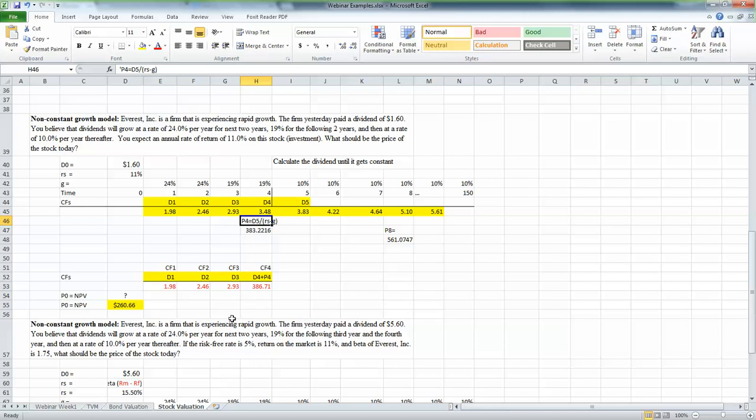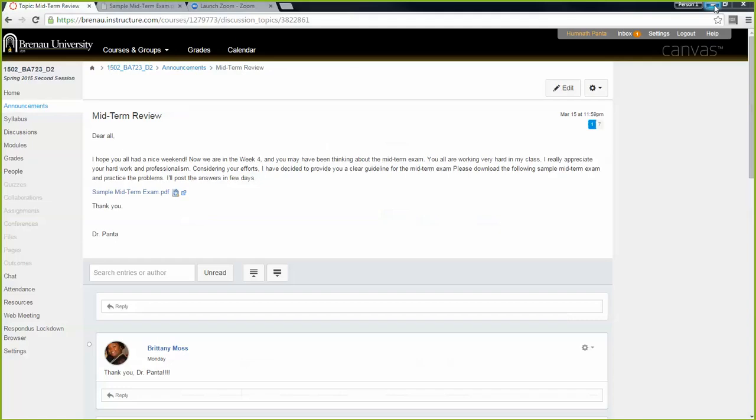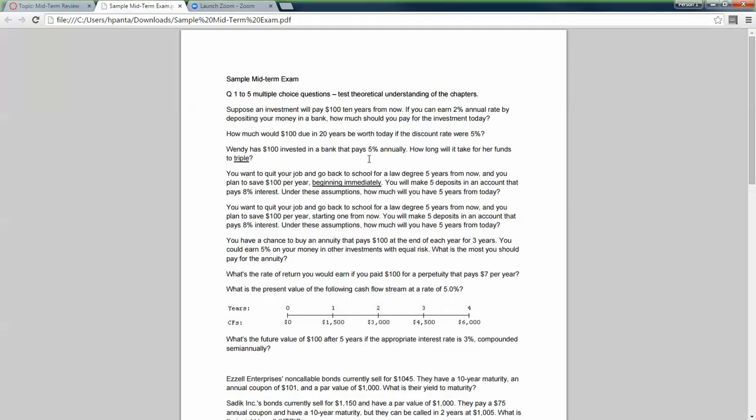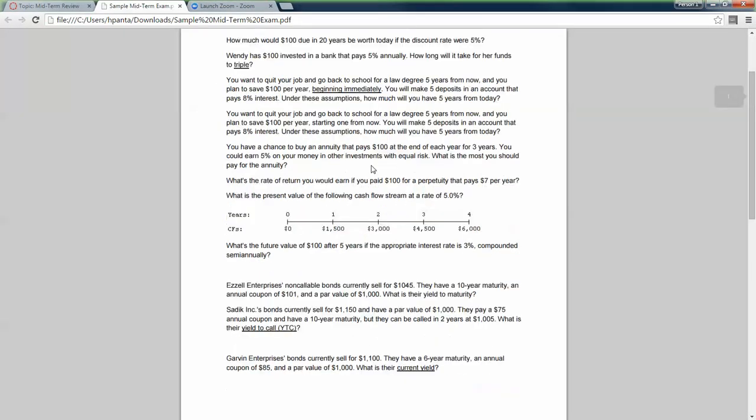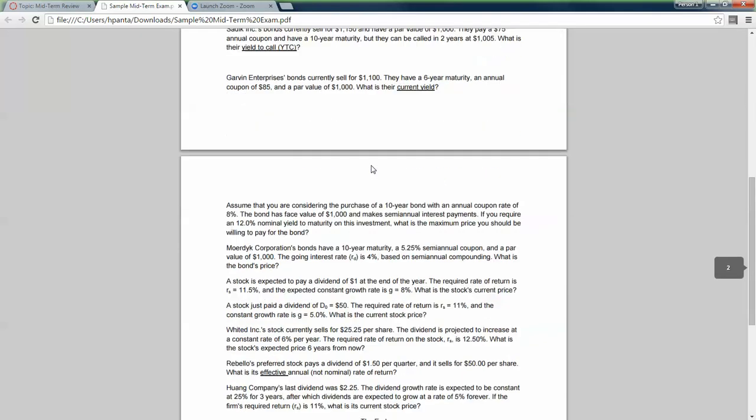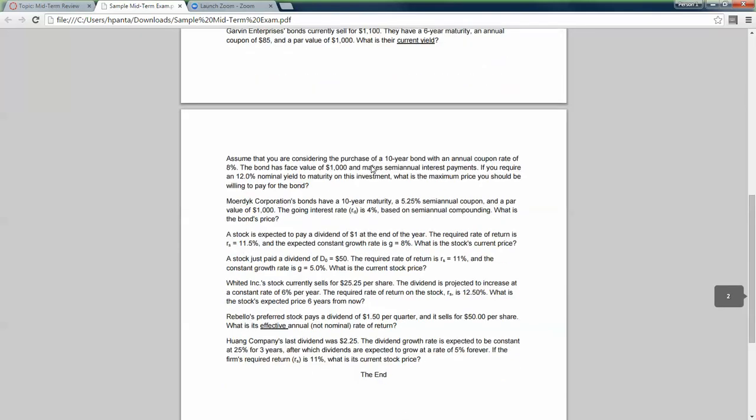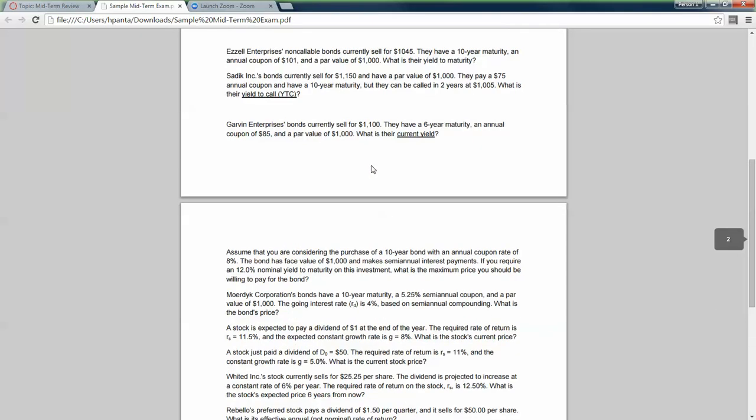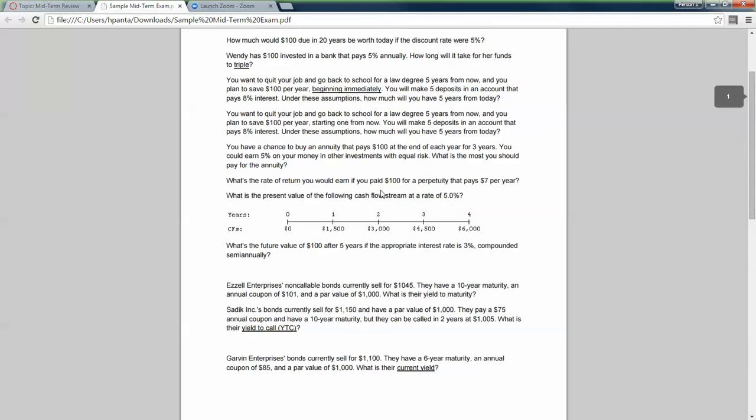Let me show you the exam review. Do you guys have any questions on these? The reason I'm not giving you the solution is because I want you to learn, and the question is going to be similar. If I give you the solution and just change the numbers, it's not good, because you don't get a chance to work.